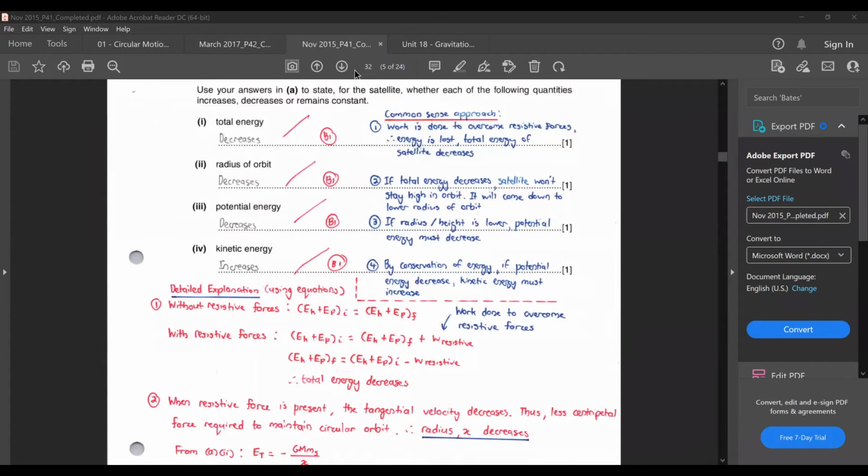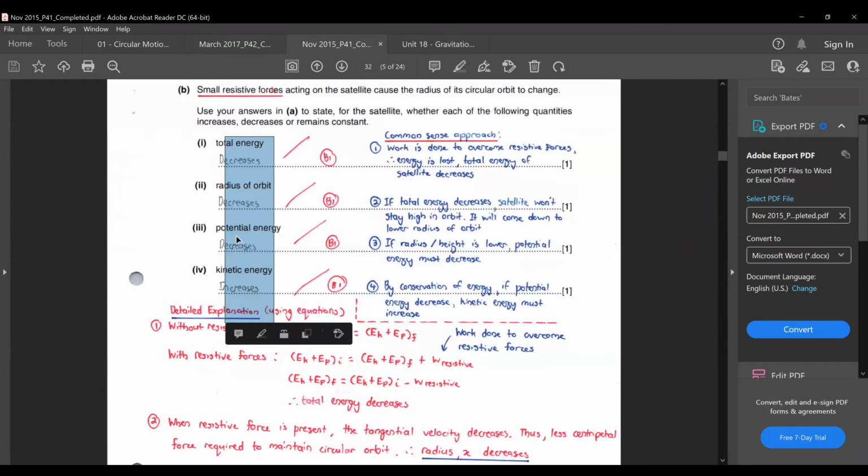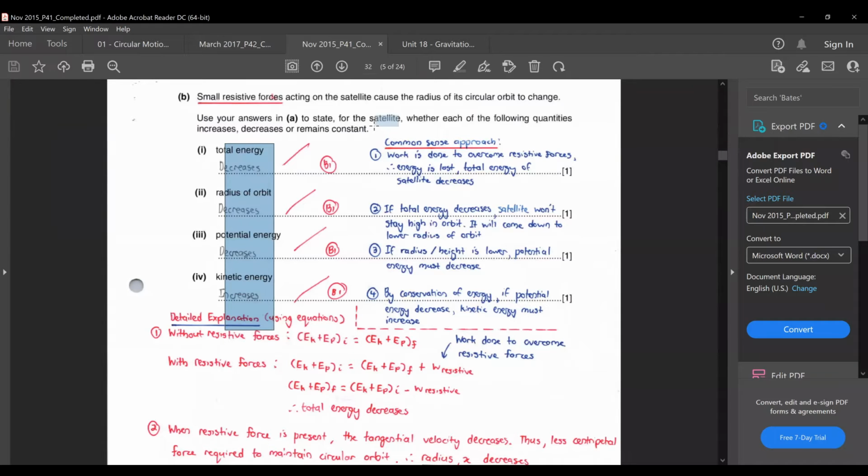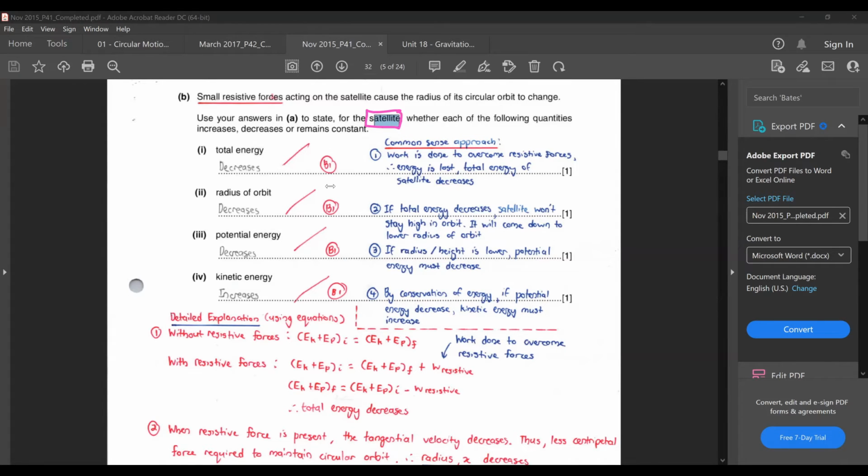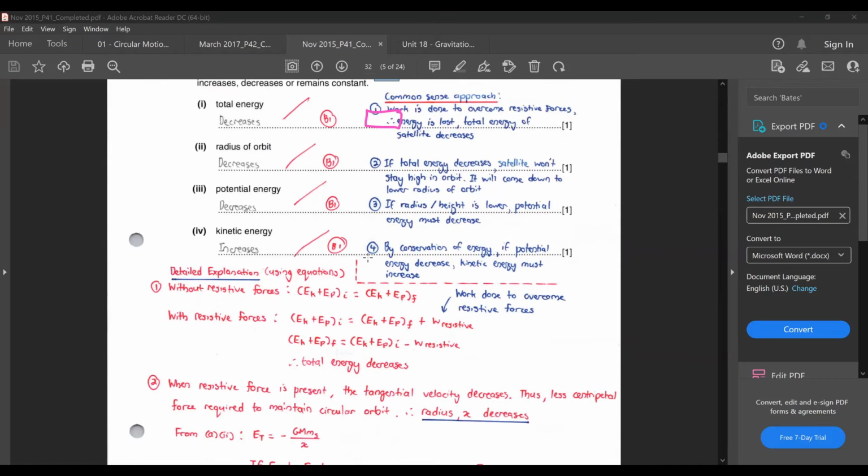Yes, kinetic energy here refers to the kinetic energy of the satellite. Whatever energy that you're talking about here refers to the satellite only. Okay, the keyword here is you are only supposed to look at the satellite. Okay. Right. So far, so good.